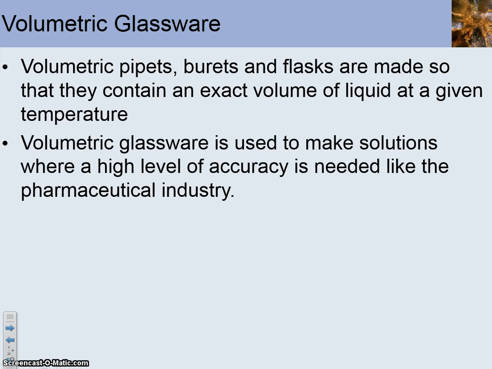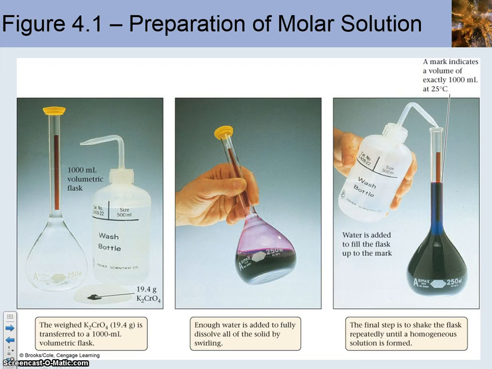The way we make these solutions very accurately is we use special types of glassware, one called a volumetric flask, which is specific for different volumes. They make really small ones, 5 milliliter volumetric flasks, all the way up to much larger ones. And they look something like this. This is a flask, and I believe this one is a 250 milliliter flask.